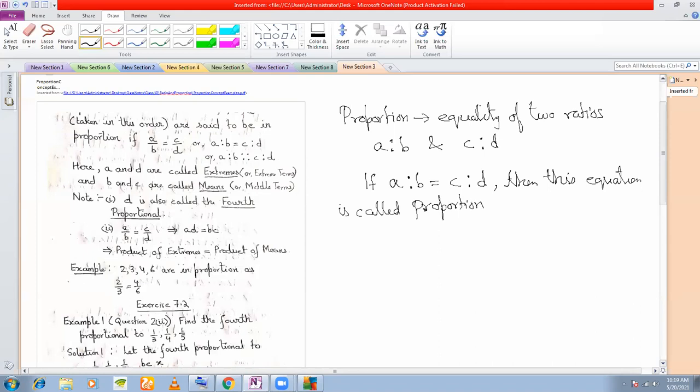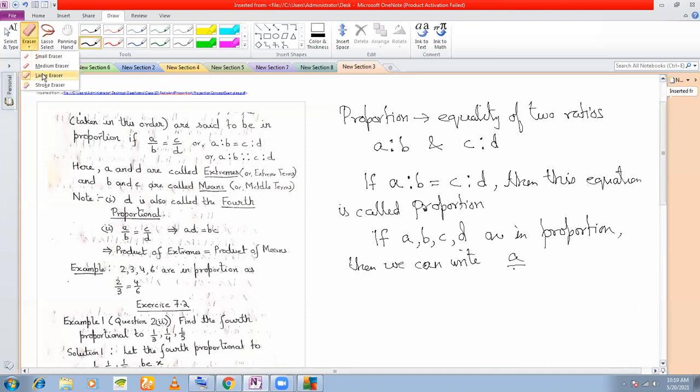So if four numbers A, B, C, D are in proportion, then we can write A is to B is equal to C is to D. That is, you can write A by B is equal to C by D.